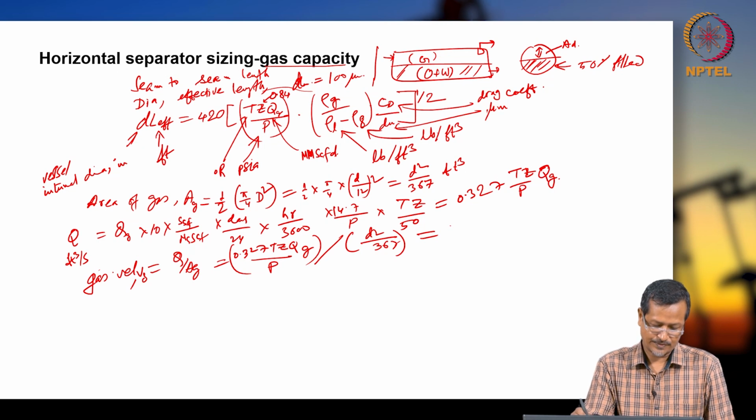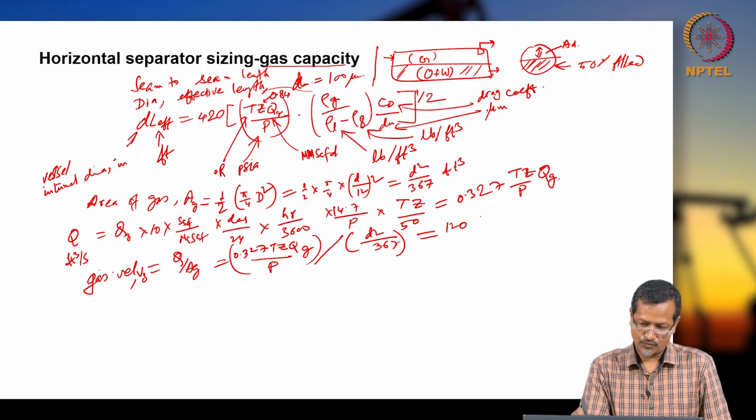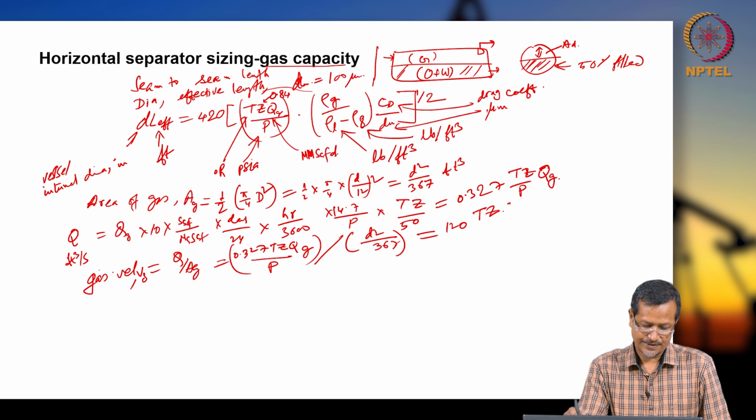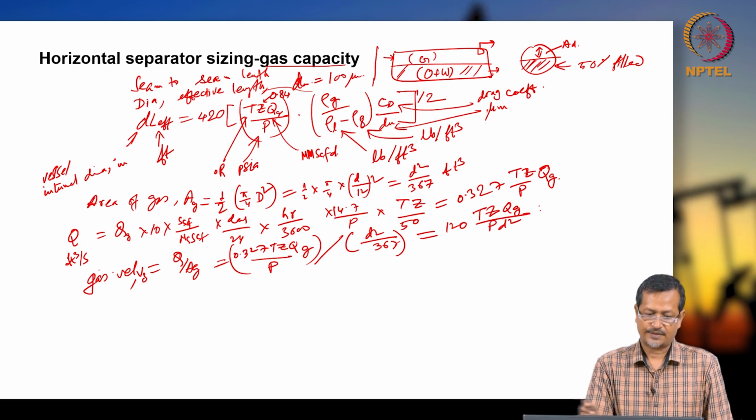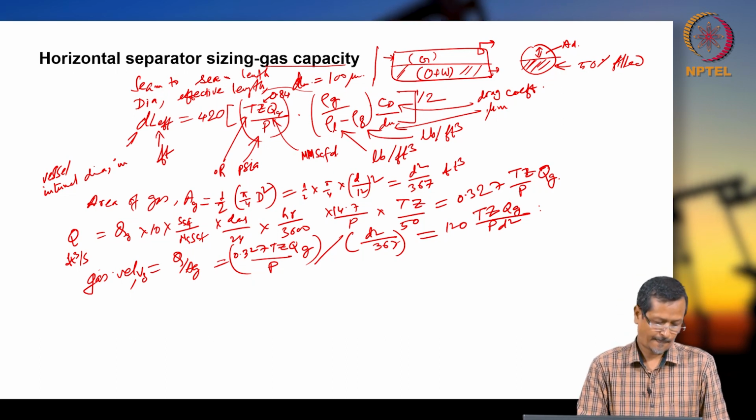So this will give 120 TZ QG by P d squared. Okay, gas velocity, you got this one.